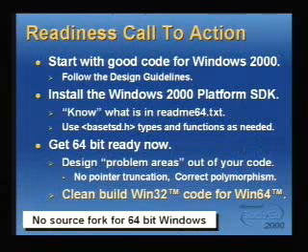What you should do is start with good code for Windows 2000 and then make that code 64-bit ready. You should know what's in that readme64.txt file in the SDK. You should start using basetsd.h and using the types and functions that are in there so you can get 64-bit ready now on Windows 2000 on your Pentium computer.